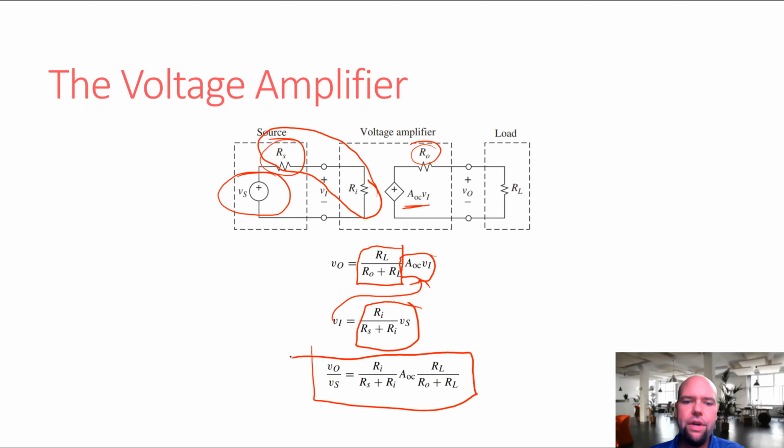So the input takes into account the non-ideal source, the output takes into account the non-ideal load. The gain of our system is not simply A, it would be nice if it were. The gain of our system is A, but then attenuated by these voltage divider ratios at both the input and the output.